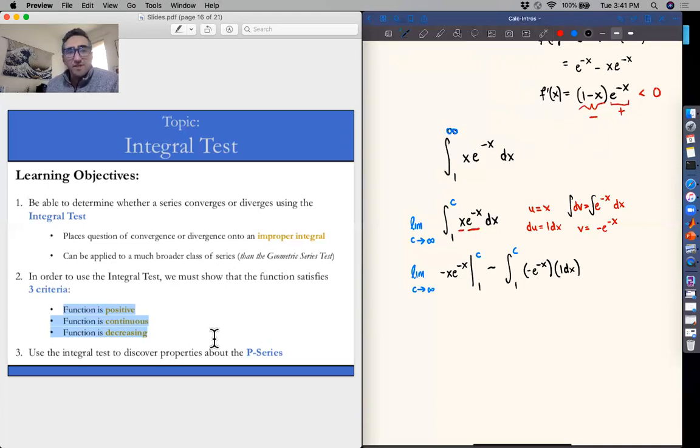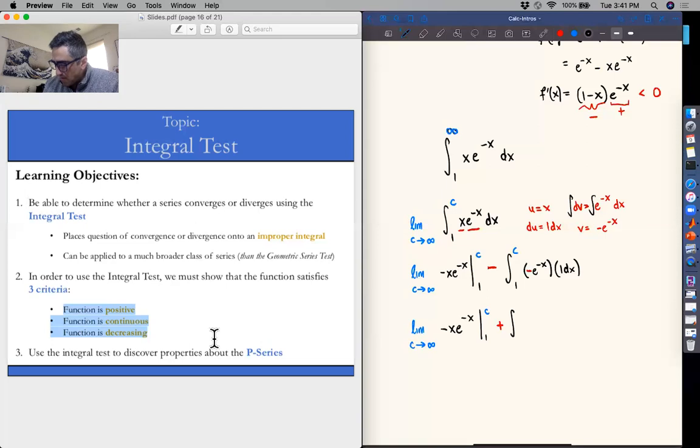So let's just do a little bit of algebra here to clean this up. We still have that limit as c goes to infinity out in front of that first piece of the antiderivative, minus x e to the minus x, evaluated at 1 and c. And inside of this integral, we have a minus sign from that exponential, and a minus sign out in front, so that results in a positive sign.